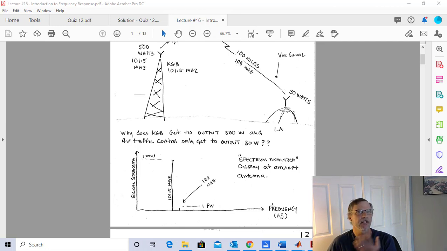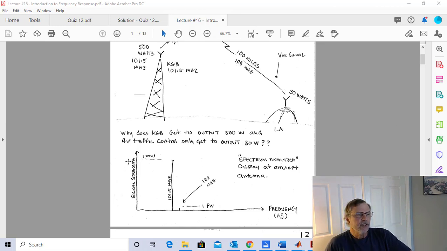You see that? An oscilloscope is a time domain instrument. The spectrum analyzer is a frequency domain instrument. And we don't have them in the EE310 lab at San Diego State, but we have them in our RF labs. And it's a very common piece of radio frequency test equipment.